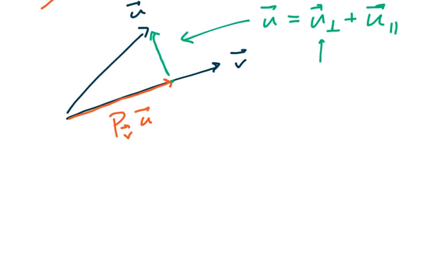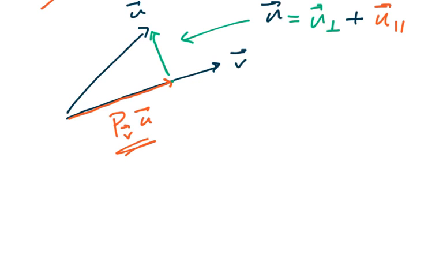And let me use the colors that I just established to reconstruct this, right? So u is given by this dark blue color. U perp is what is in green in my diagram, and u parallel is what's given in red. Right? This is really the projection down here, the projection of u onto V.